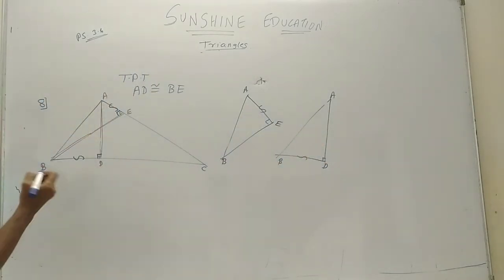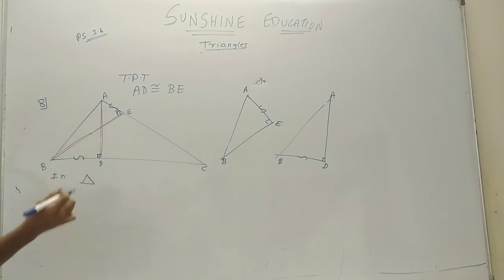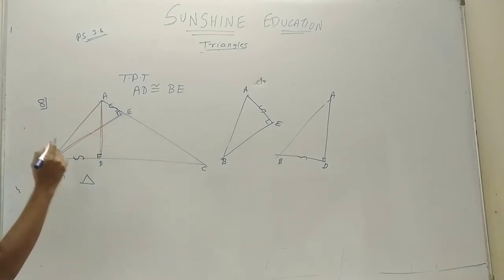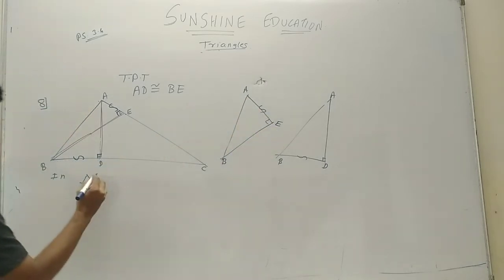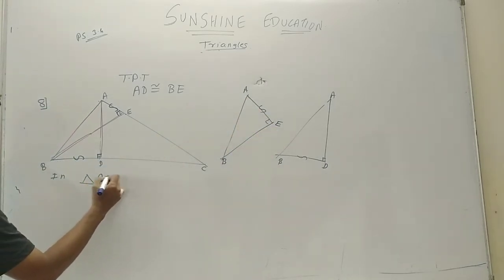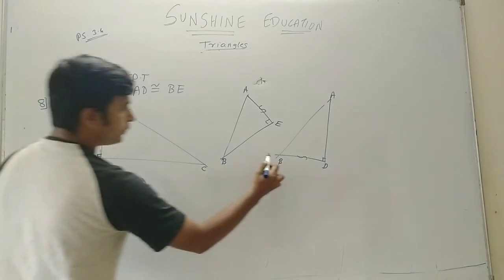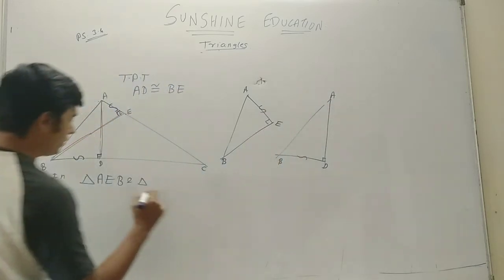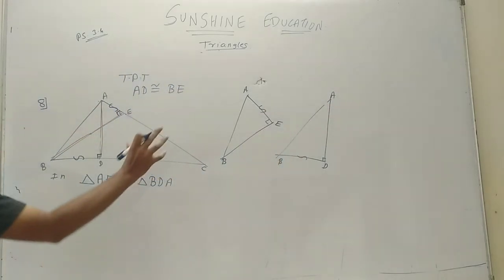So I will start. I have two triangles: triangle AEB and triangle BDA. Observe how I am writing the names.